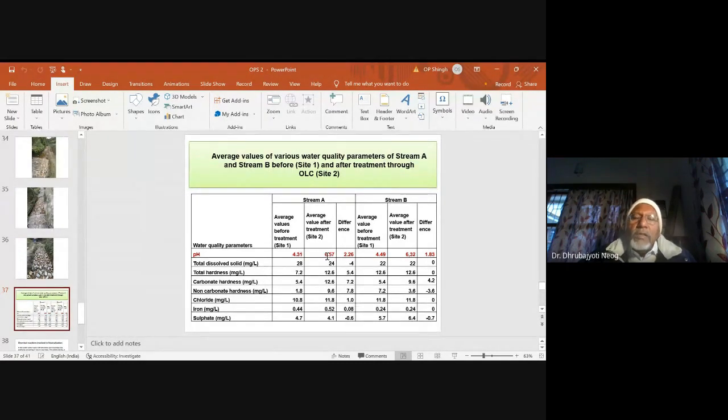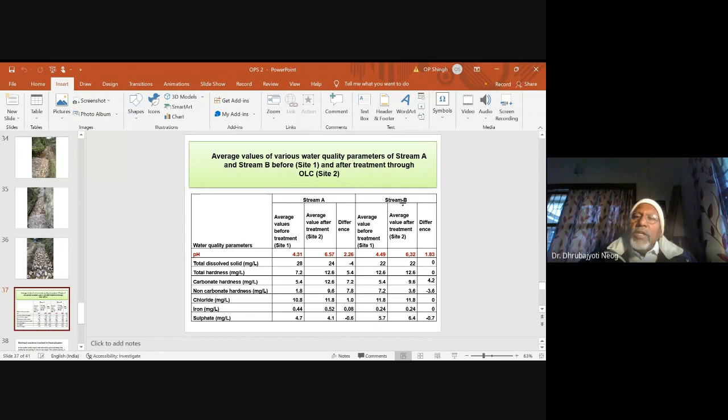In stream A, before treatment, pH was 4.31, and after treatment, it became 6.57. So there is a drastic improvement. The pH of water increased to near neutral. And not only this, other parameters also improved.